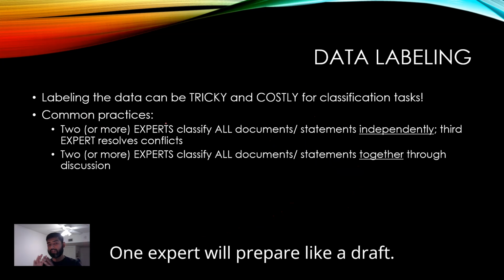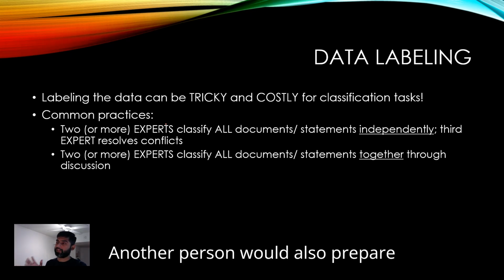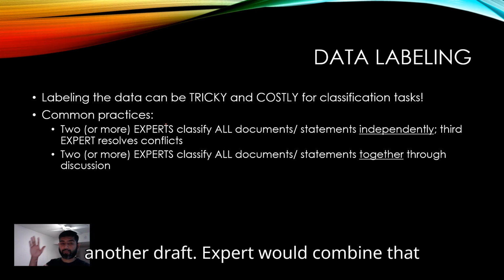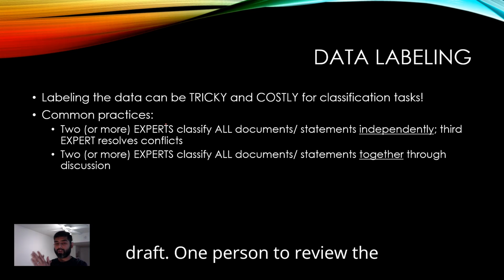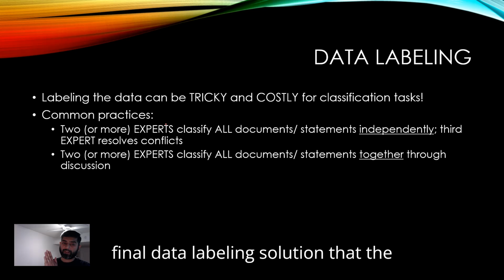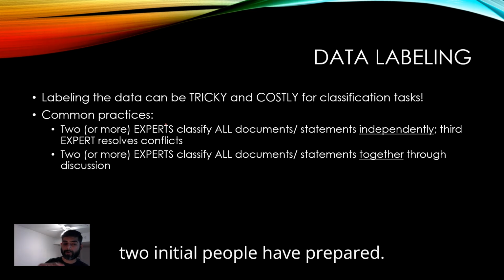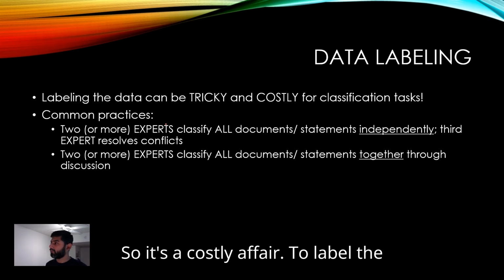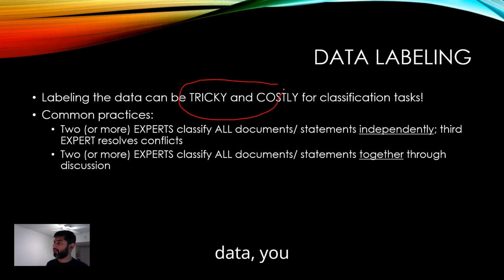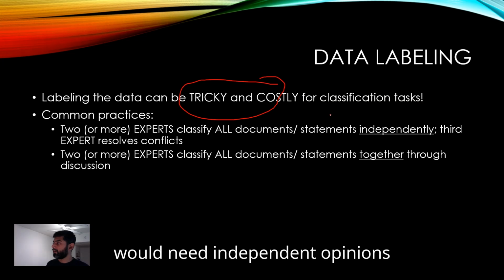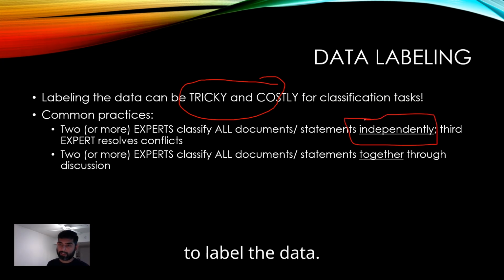One expert will prepare a draft, another person would prepare another draft, an expert would combine those drafts, and one person would review the final data labeling solution that the two initial people prepared. So it's a costly affair to label the data. You would need independent opinions to label the data.